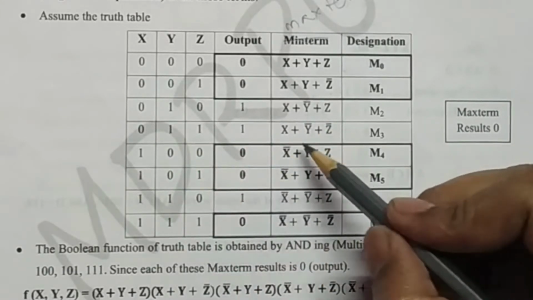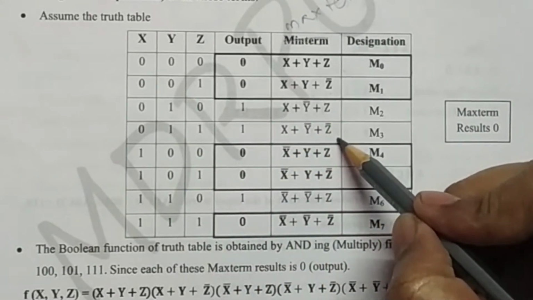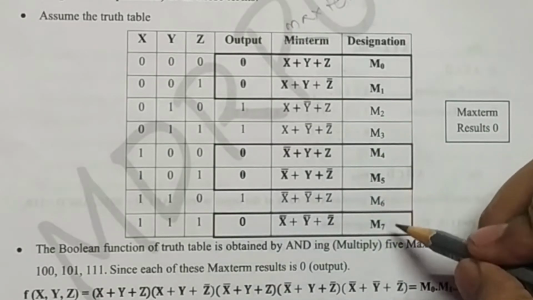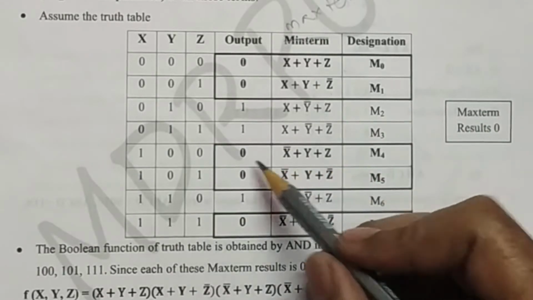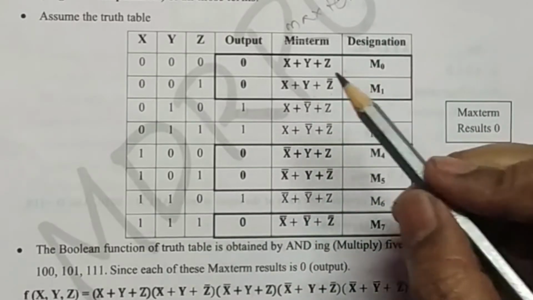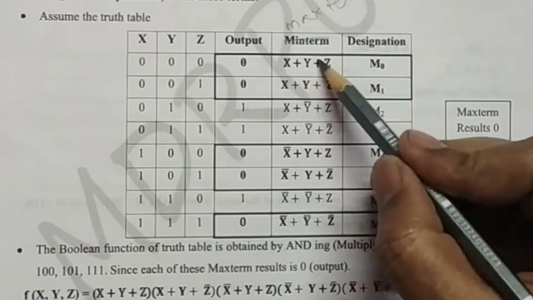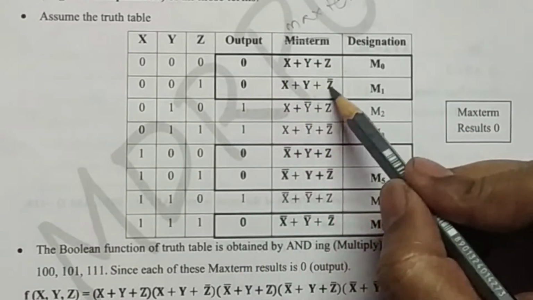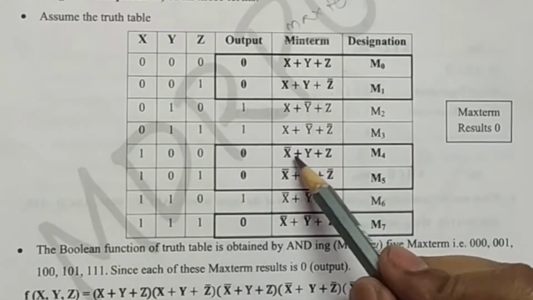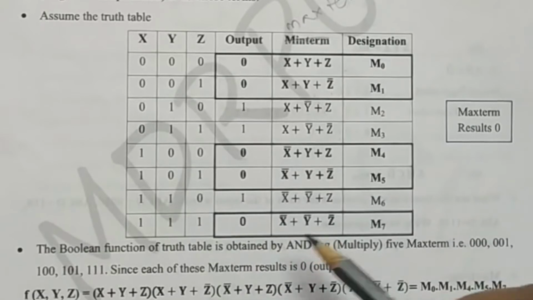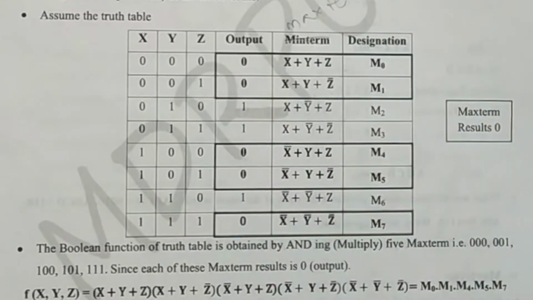So 0, 1, 1, x plus y bar plus z bar, that is m3, and so on up to m7. So all are taken. For example, if this max term result is 0, and this one is again 0, and the result of this one is 0, then there are 5 terms.